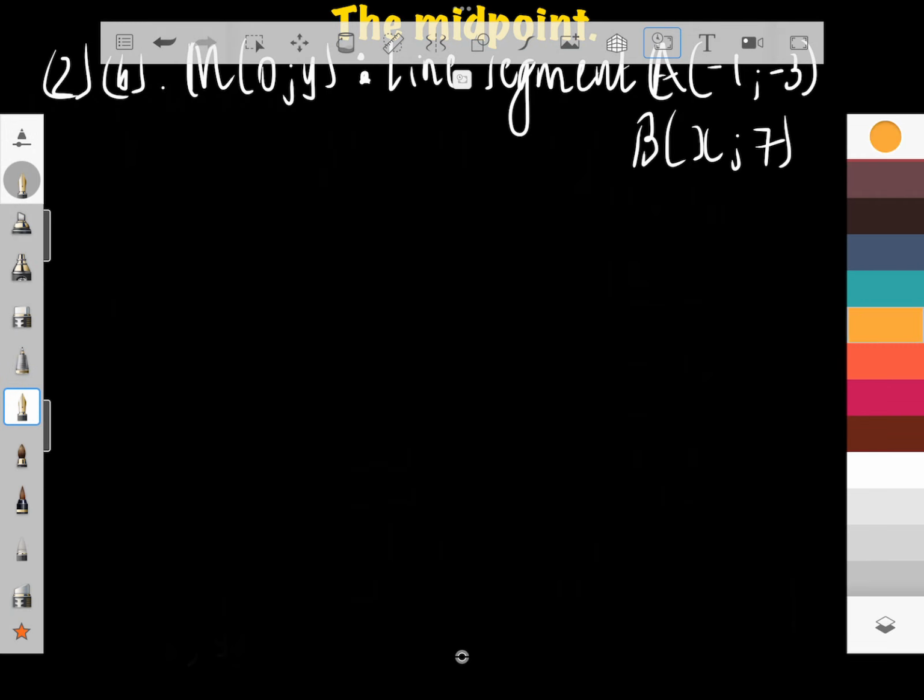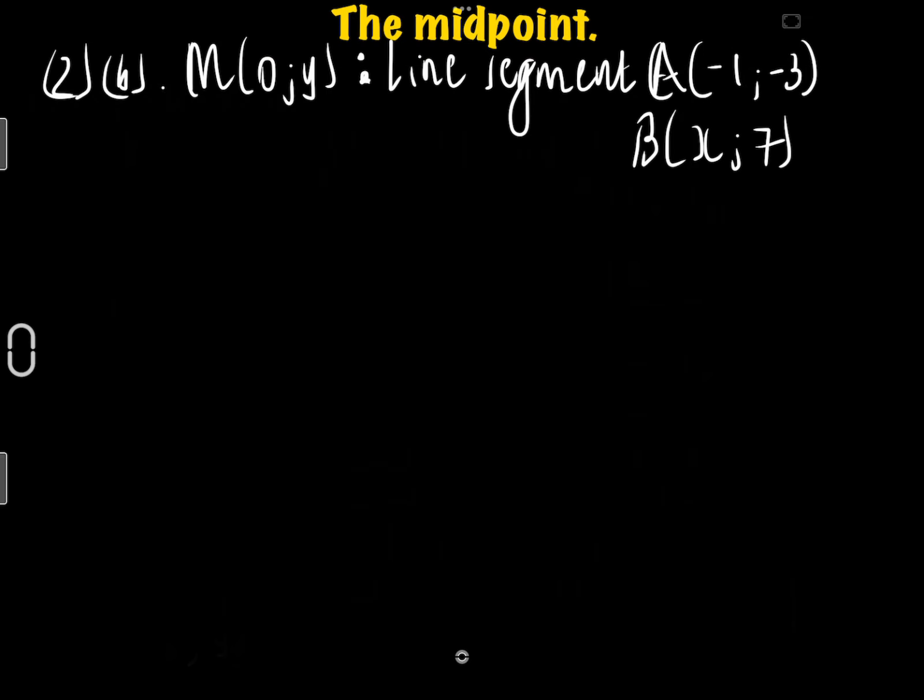Now, first of all, what is critical here is to annotate the given parameters as you would like to see them in the original equation. So let's go ahead and annotate them. Our midpoint will have xm, don't forget M for midpoint, and then we have ym on the other side.